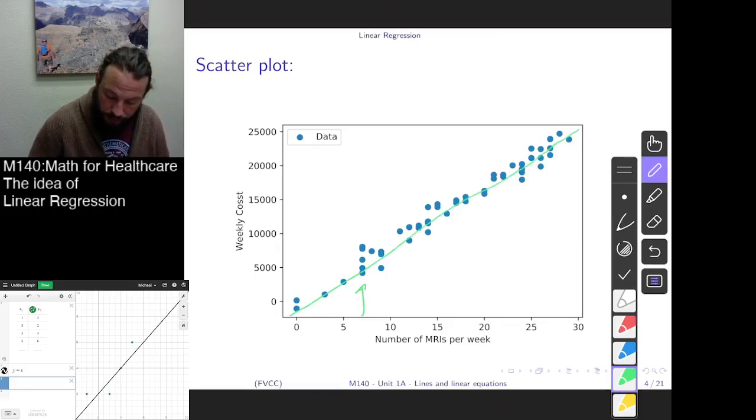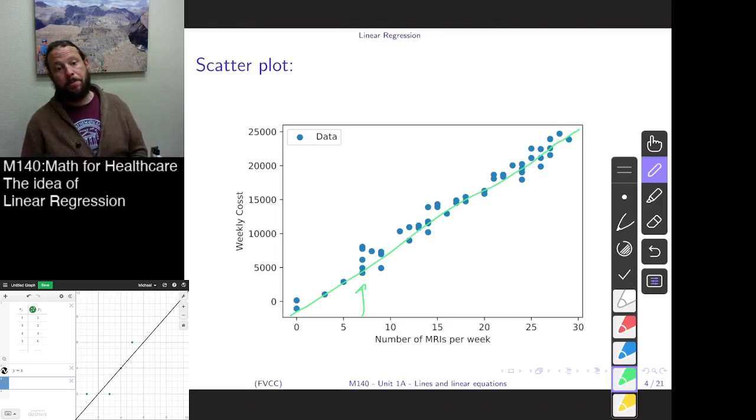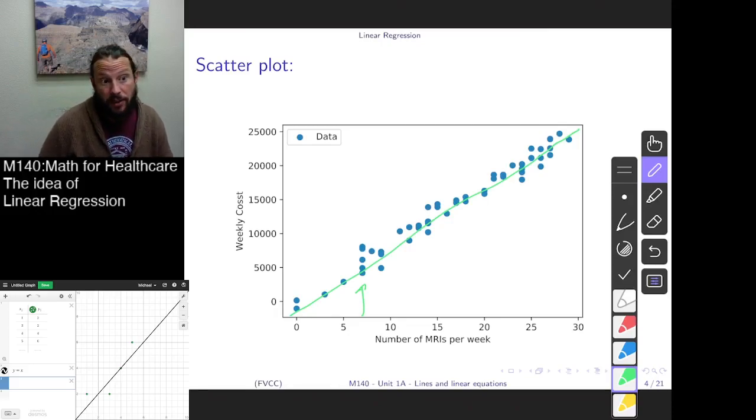Obviously, that's an approximation, I'm just drawing it in, but we want to know, what's the one that fits the data the best? We'll use that to estimate the cost function. So these are a lot of data points. Let's look at linear regression specifically and what it does in order to find that best fit line.